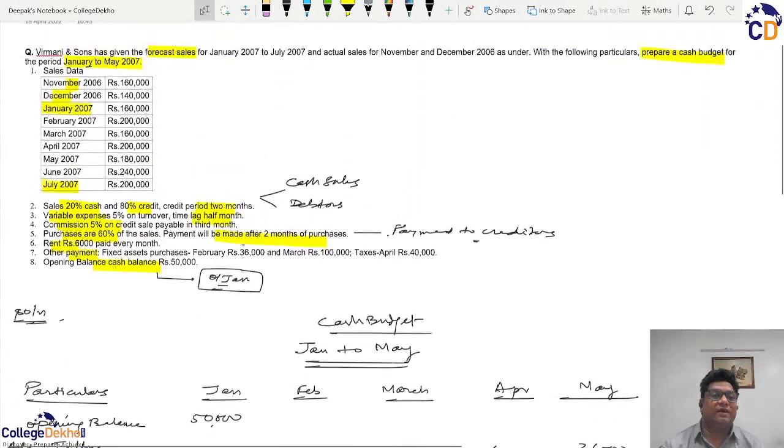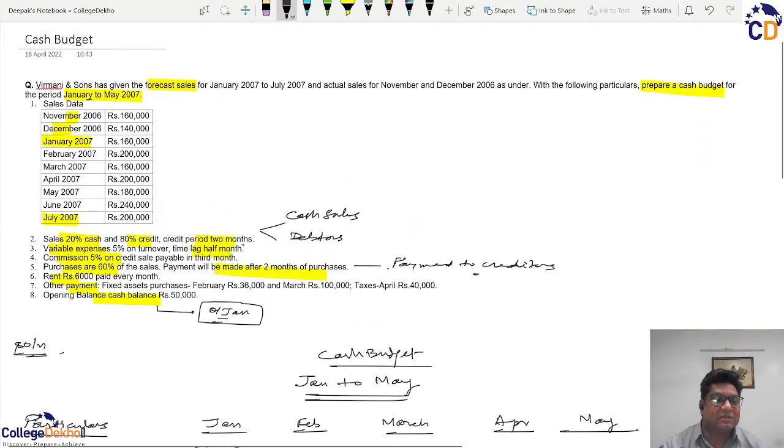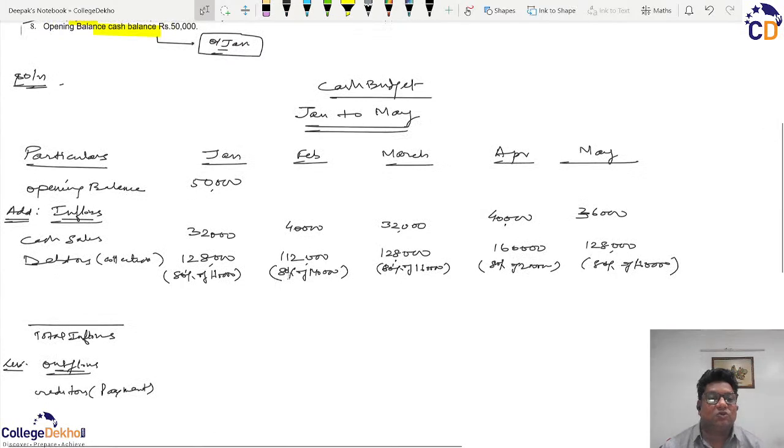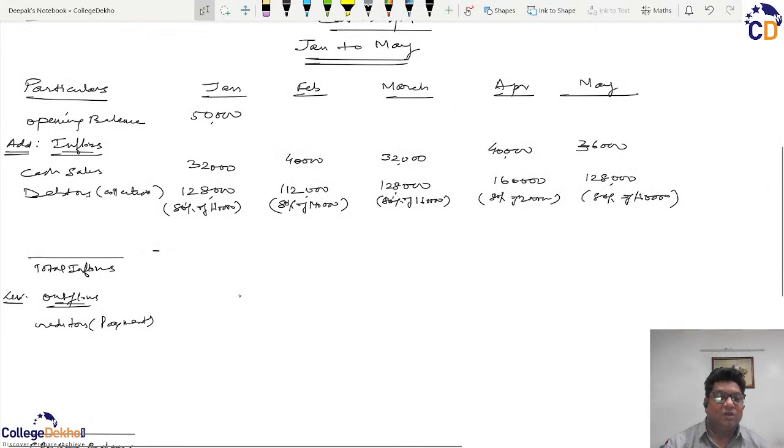Now if we see here, except sales, variable expenditures, commission, purchases, rent, other payments, they all are payments. So in this question, there is no other inflow, or we should say there is no sale of asset, nor any other contingent amount received, and therefore the total will denote the figure of total inflows.